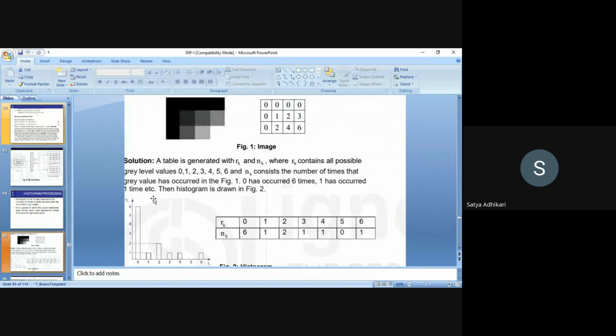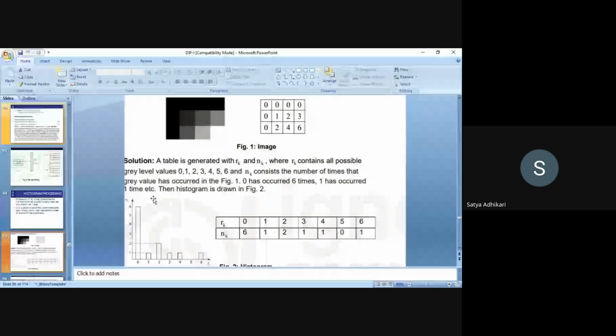X axis represents the gray levels and y axis represents the number of pixels. You see, there is an image on the left side, and this is the corresponding gray level values, given in a matrix form. This is a tabular form.